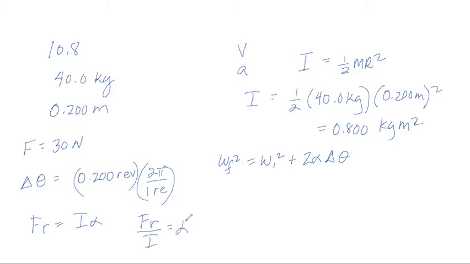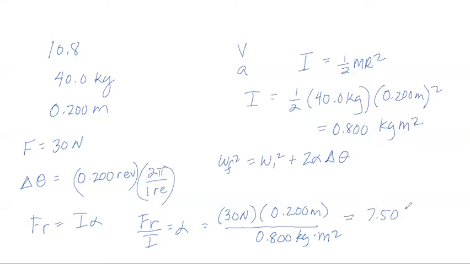All right, so we've got 30 newtons, that's the force. Radius is 0.200 meters. And I is 0.800 kilograms times meters squared. So alpha is going to be 7.50 radians per second squared.